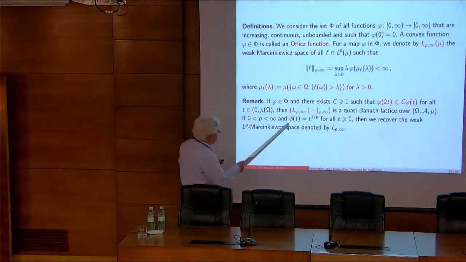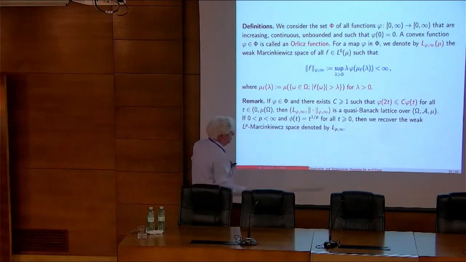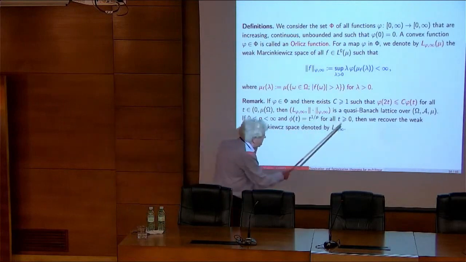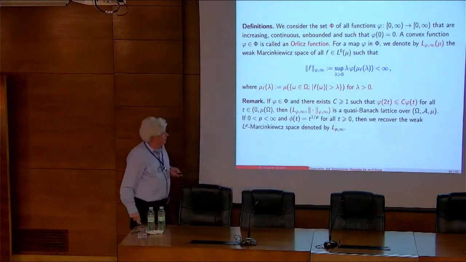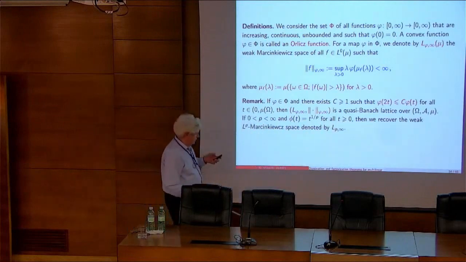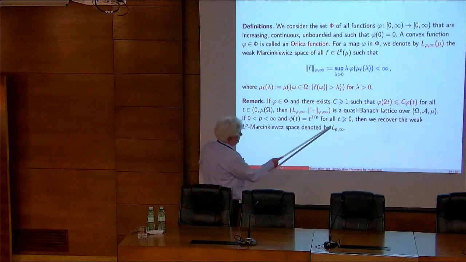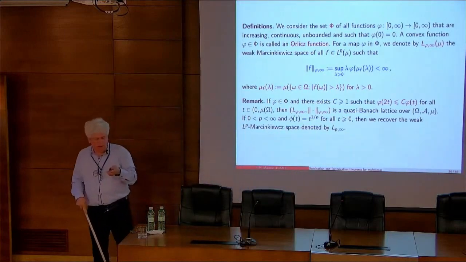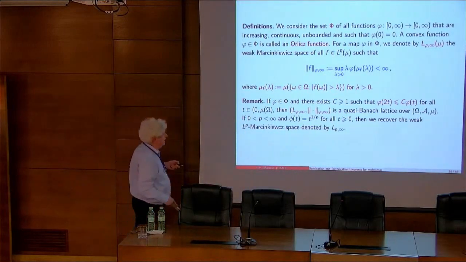So you see, whenever you take phi of t equal to t to the 1 over p, then you get the classical weak L^p Marcinkiewicz space. Any L^p is continuously embedded in L^{p,infinity}. Whenever p is between 0 and 1, this is a quasi-Banach space. Whenever p is bigger than 1, there is an equivalent norm, instead of a quasi-norm, which makes this a Banach space.